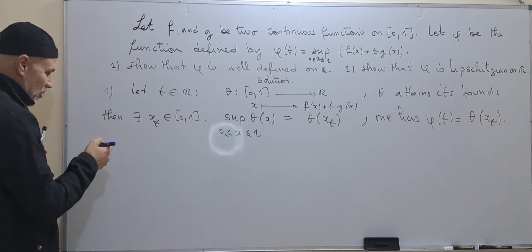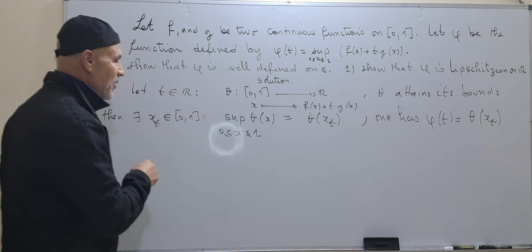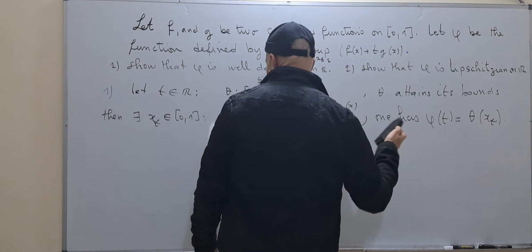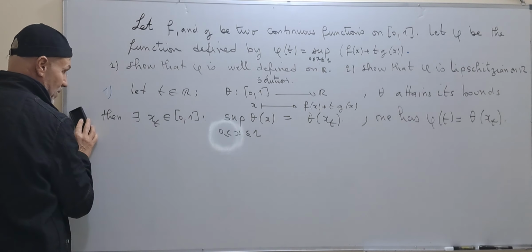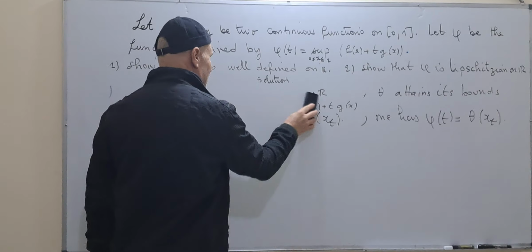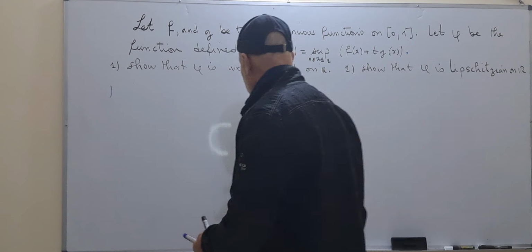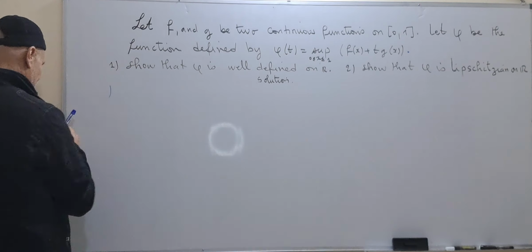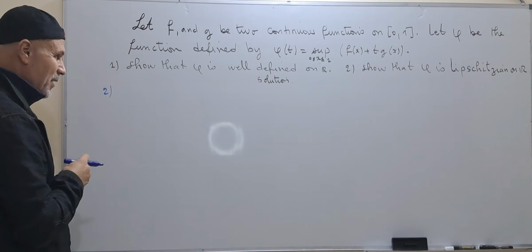The second question, I think that I need all the places, so I will clear this. This is the first question. The second question, show that phi is well defined.